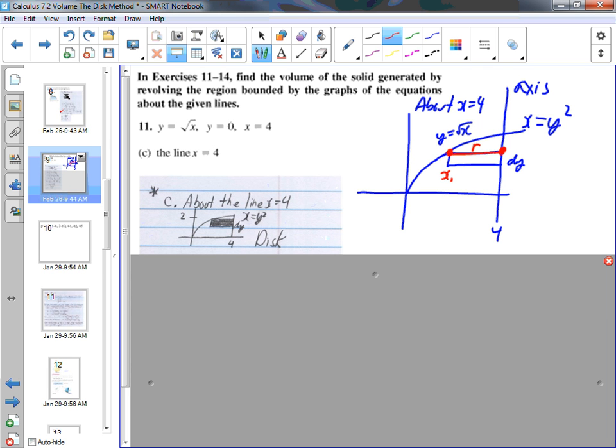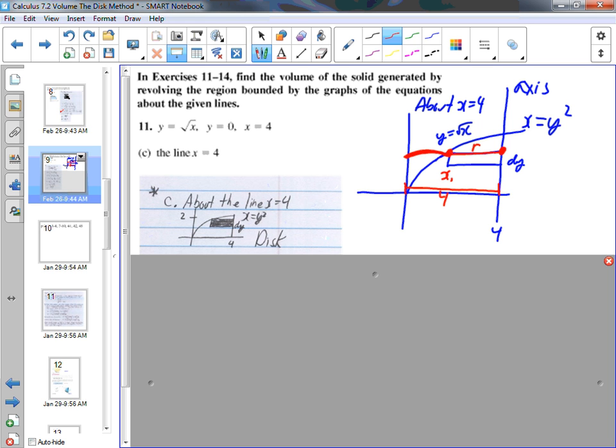Now, if our rectangle went from here all the way over to the y-axis, what would that length be? It'd be 4, wouldn't it? So if I start with the concept that it could be 4, and then I subtract out the missing distance, wouldn't that tell me the radius? So 4 minus what? 4 minus x, but that's the function. 4 minus the function gives me the radius, doesn't it?